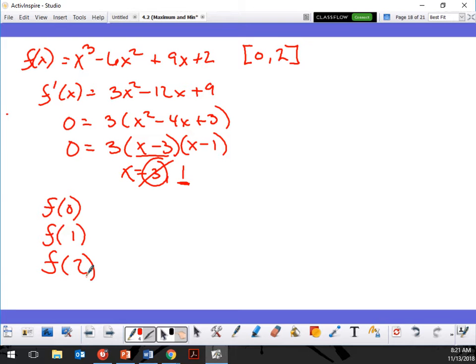So I plug it into my original, not f prime. So f of 0 gives me 2. f of 1 is 1 minus 6 plus 9 plus 2, which gives me positive 6. And f of 2.